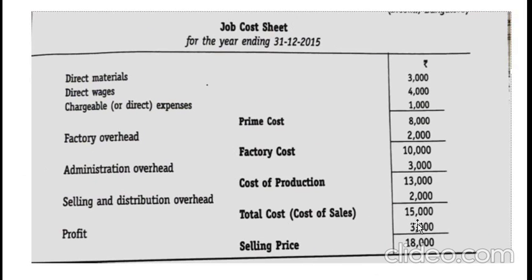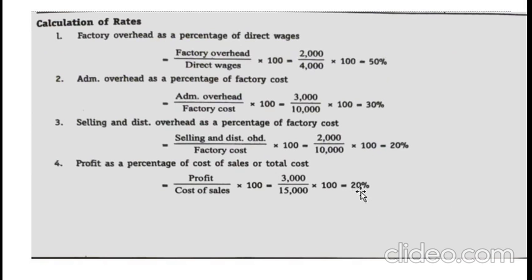As you have cost price, you can use your selling price also, but here as you have your cost price, we will use your cost price. So 3,000 divided by 15,000 into 100 will give you 20%. This is your profit percentage on cost.